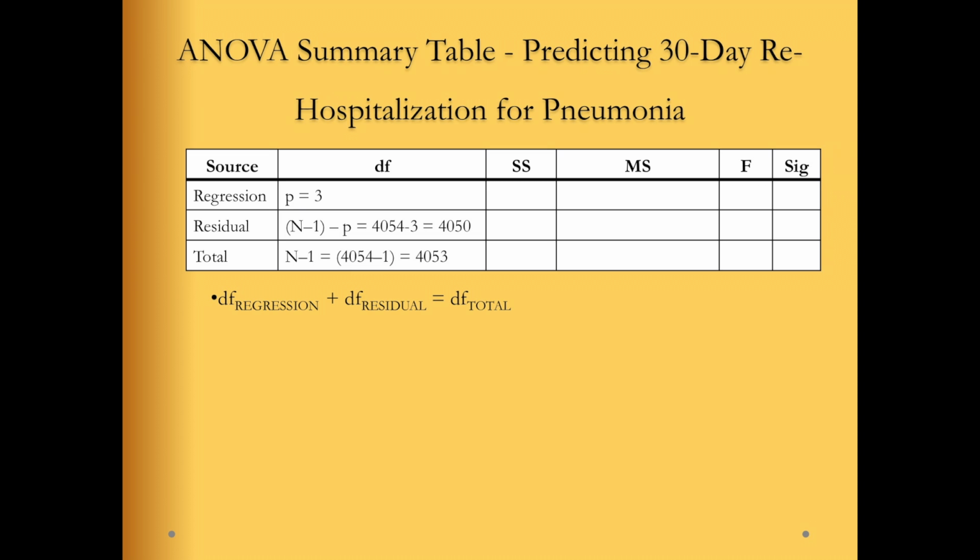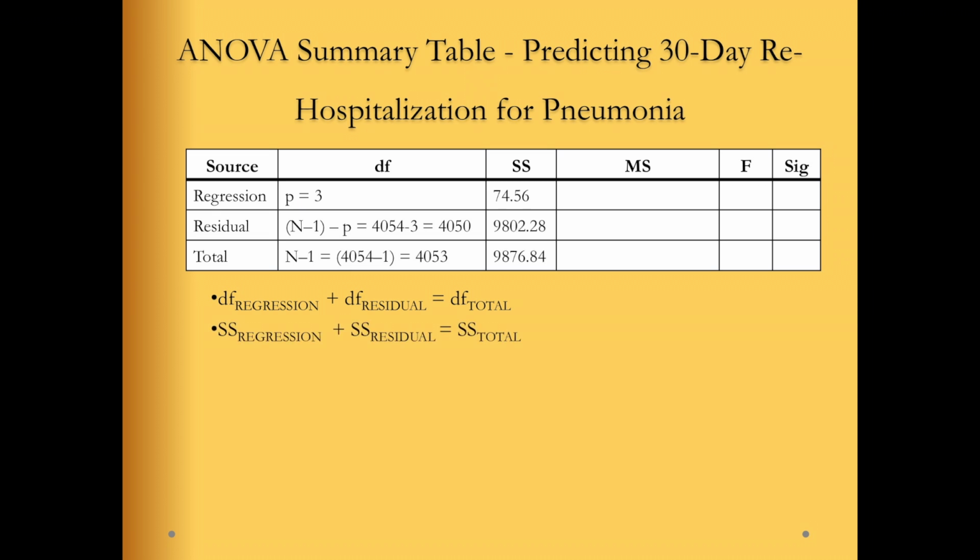Finally, note that the degrees of freedom for error variance is equal to degrees of freedom for total variance, or n minus 1, minus degrees of freedom for regression or treatment, which is p. Please note that df total is equal to the sum of df regression plus df residual.